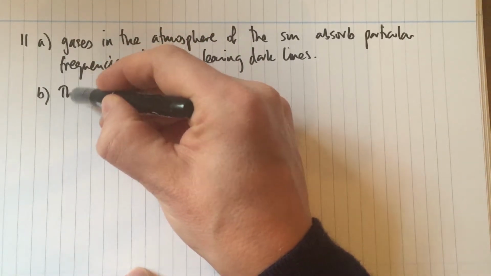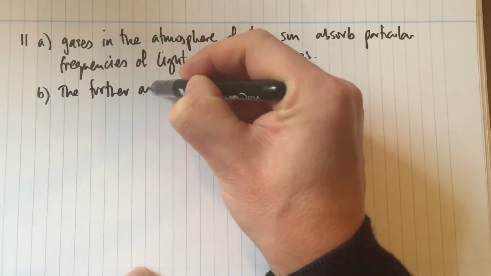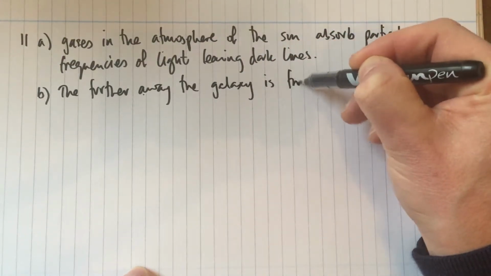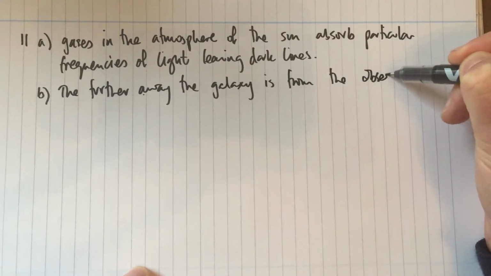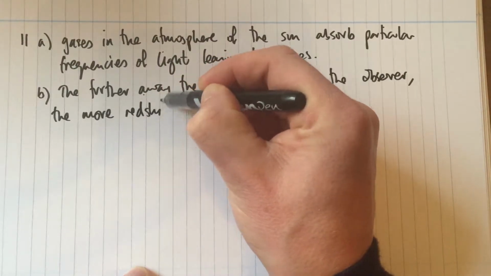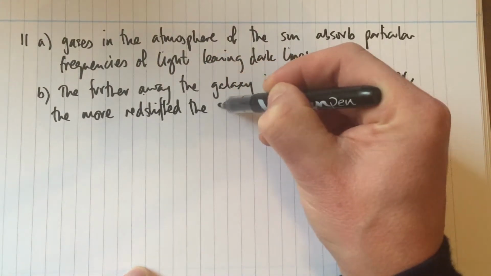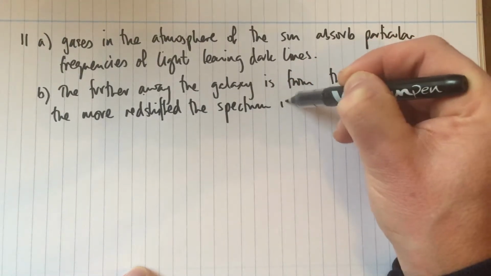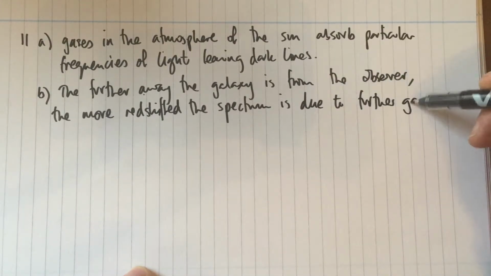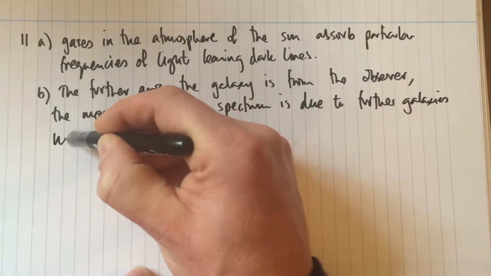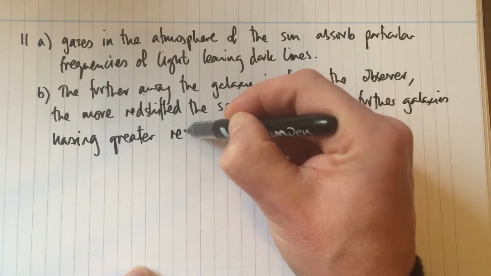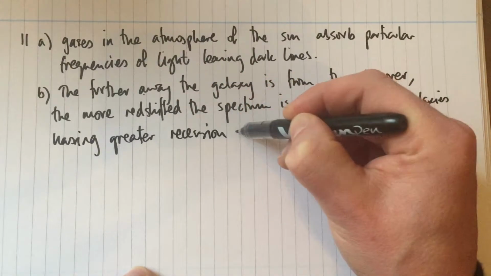galaxy is from the observer, the more redshifted the spectrum is, due to further galaxies having greater recessional velocities.